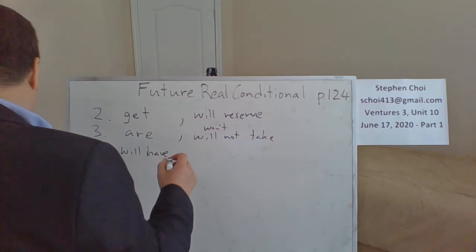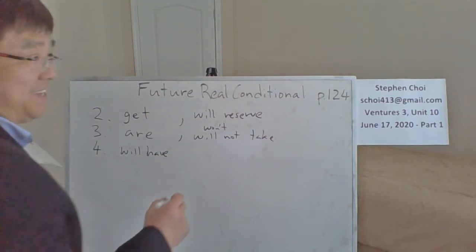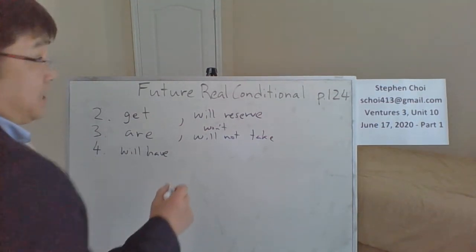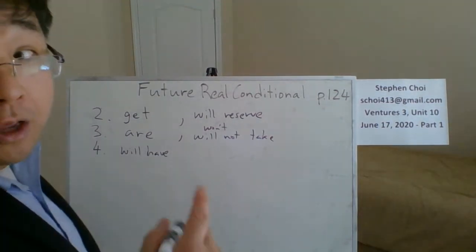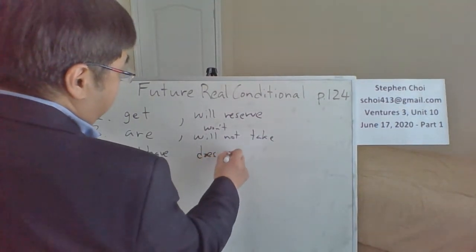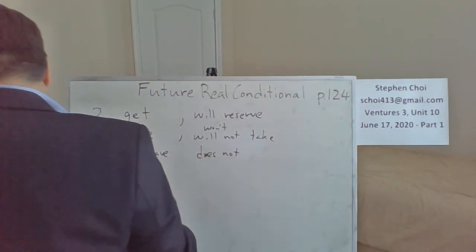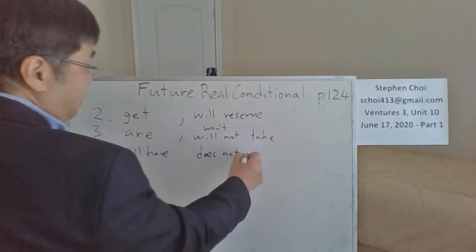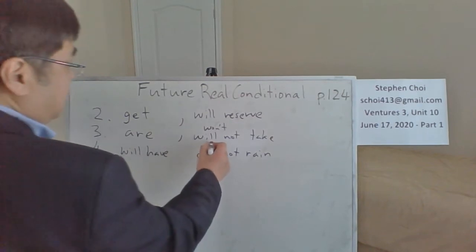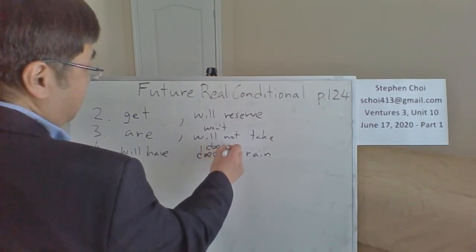If it, no rain? How do you make it negative? You got to use do, does, did, right? So it is third person singular, so you got to use does, right? If it does not rain. Or if you contract, it'll be doesn't.